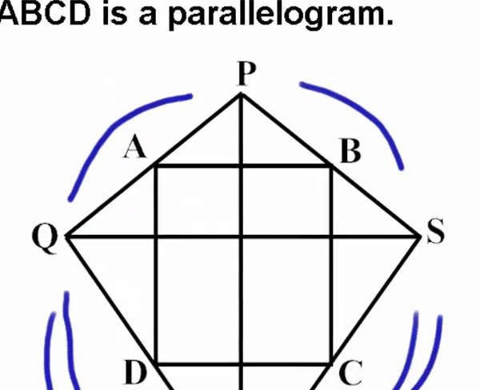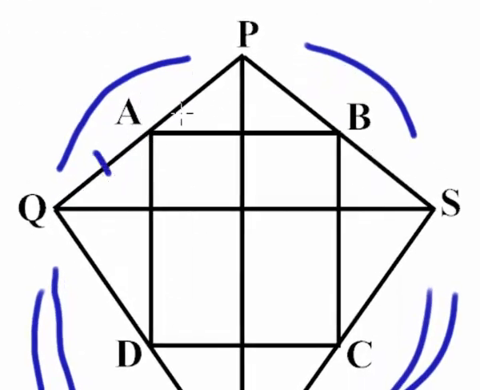So if A is a midpoint, that equals that, and B is the midpoint of PS, those are equal there. Now notice from the midpoint theorem, if PA is AQ and PB is BS, you can immediately conclude that these two lines are parallel in that triangle PQS.